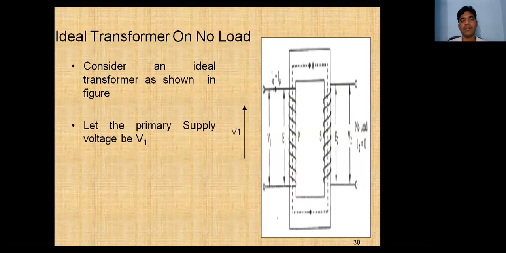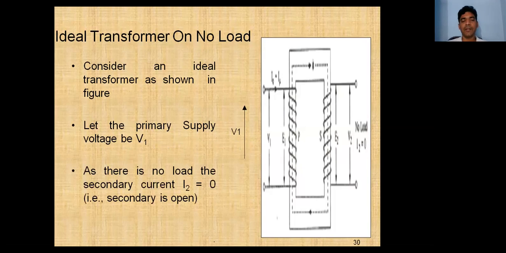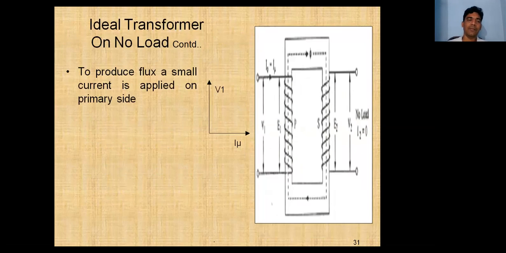Let the primary supply voltage be V1. There is no load on the secondary, therefore I2 current is zero, that is, secondary open. To produce flux, a small current is applied on the primary side.